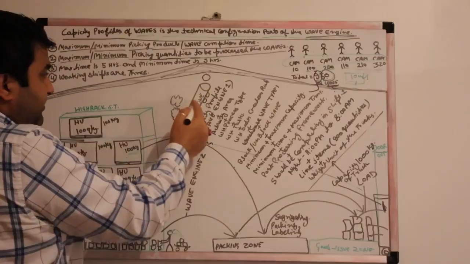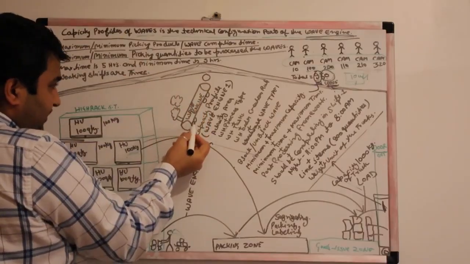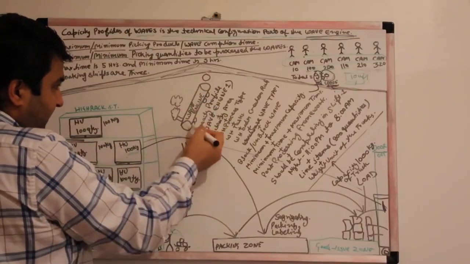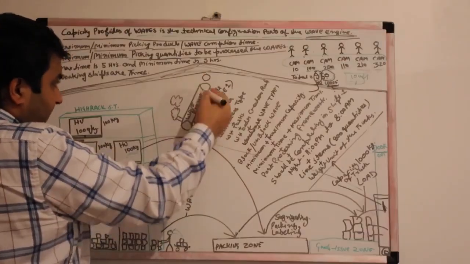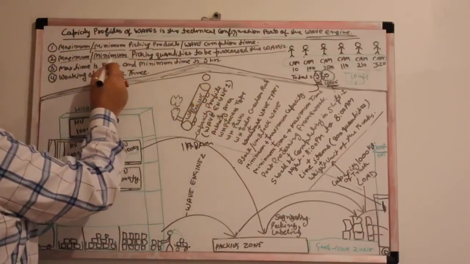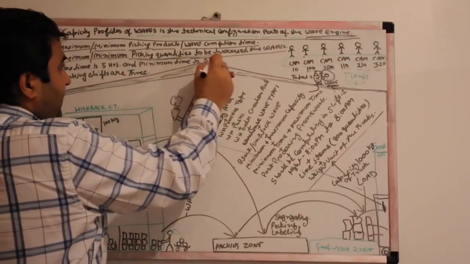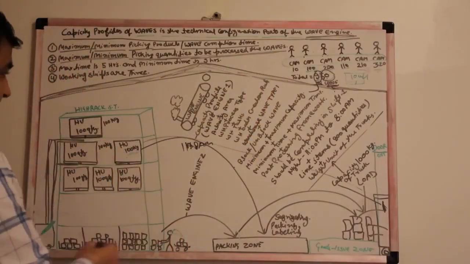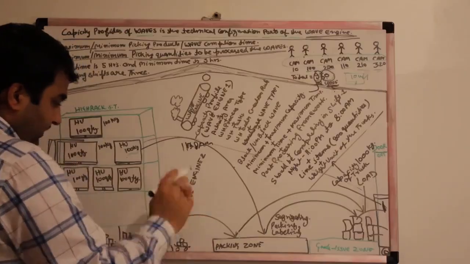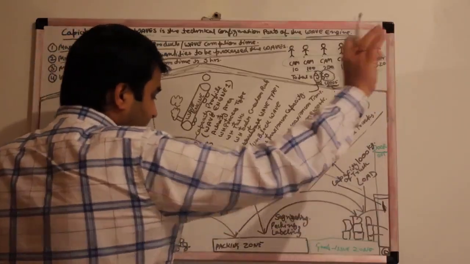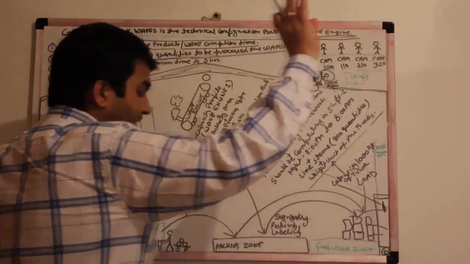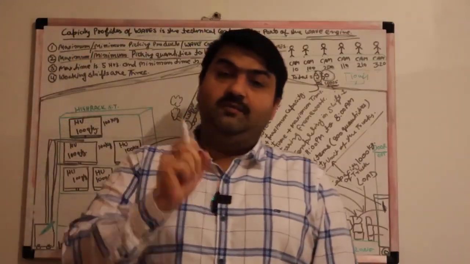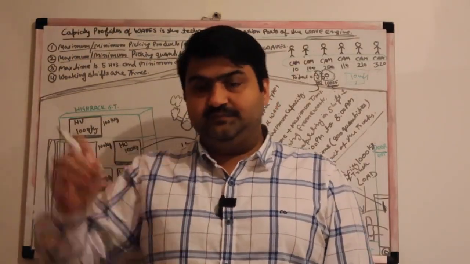Inside the wave engine, this is the engine, see, two wheels, I made the engine. This wave engine contains this property, maximum, minimum picking quantity to be processed through the wave. Wave means this entire flow, till delivery wave 1, till delivery wave 2. Then routes will come into the picture, routes.